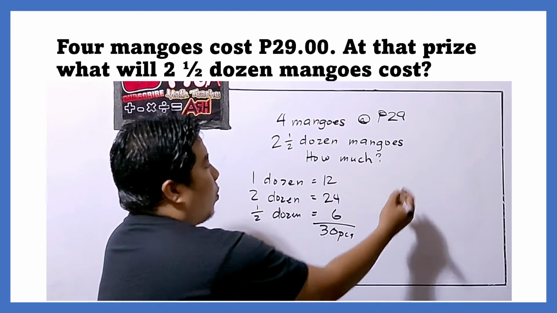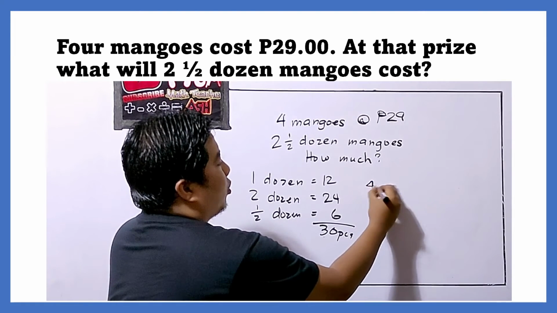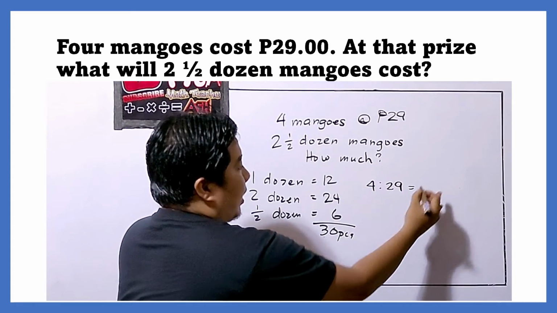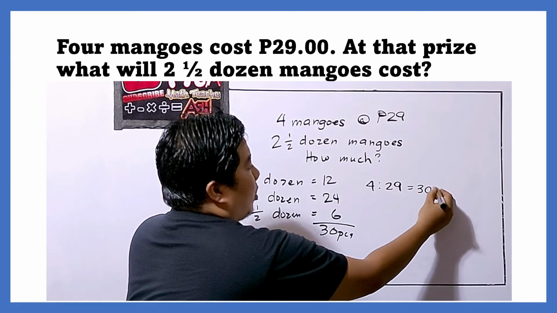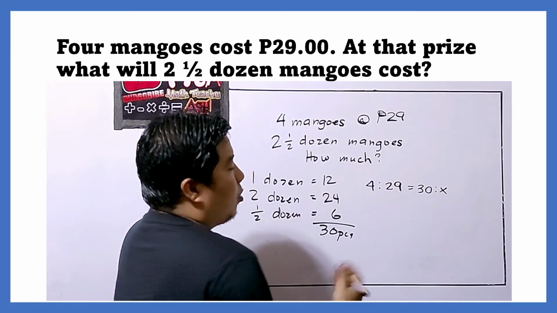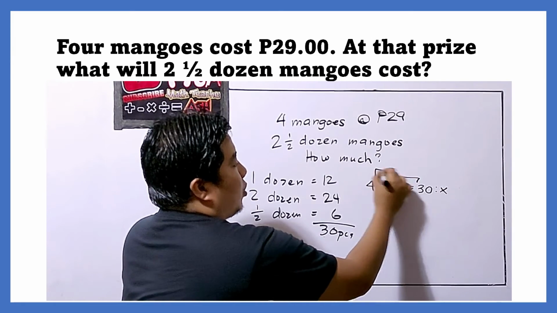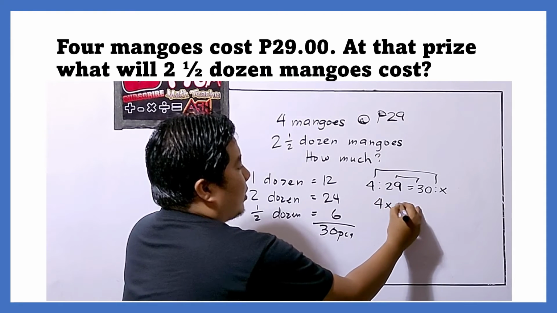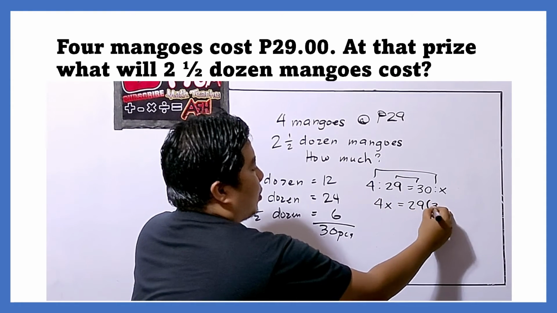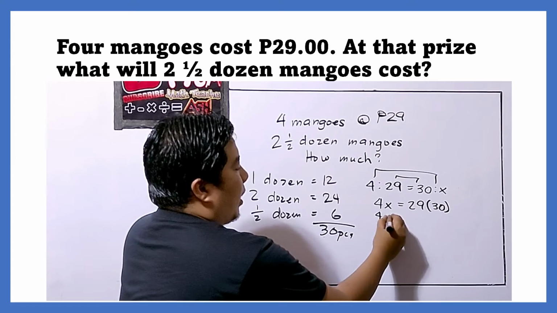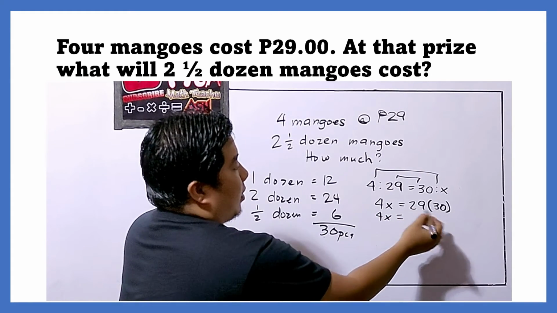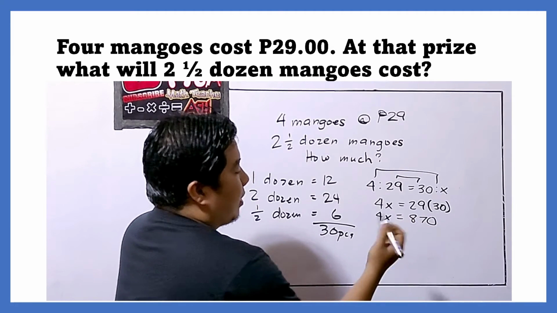Of course, what you can do here is the ratio and proportion. So 4:29 for the first ratio, and for the second ratio, you have 30 mangoes is to how much? So what you can do is you just multiply the means to the extremes, giving you 4x is equal to 29 times 30. Now, if you multiply 29 to 30, you will have 870.